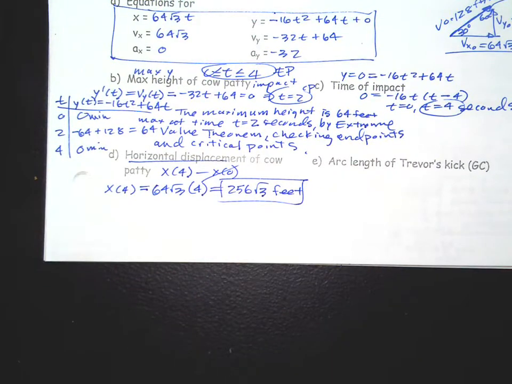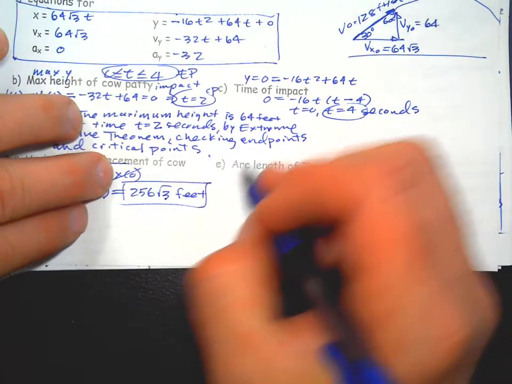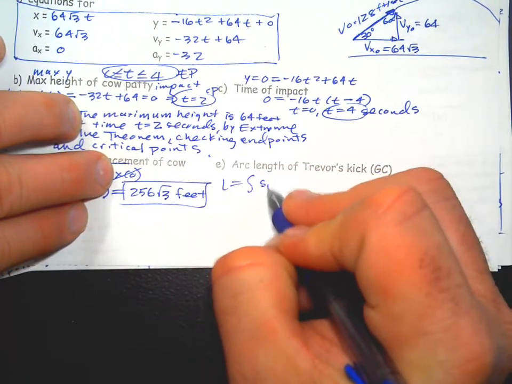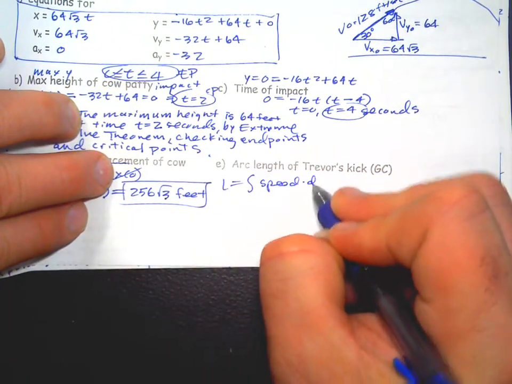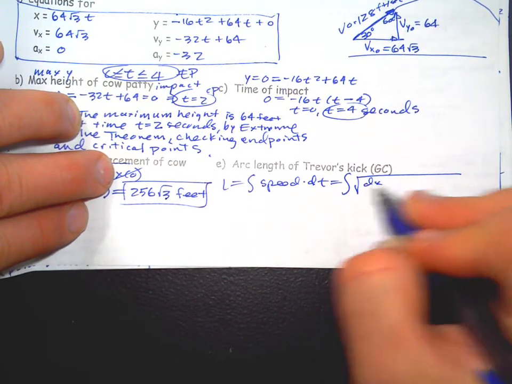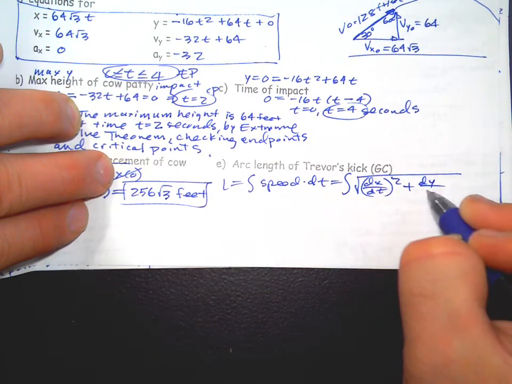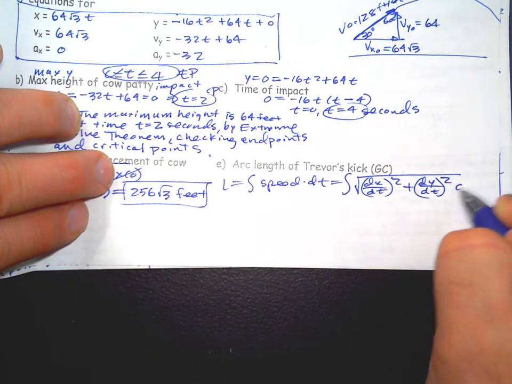Okay. Arc length, that's the actual length of the path. And that's where we do the integral of speed, just like we did last year with one-dimensional motion. But this year it's going to have to be the integral of the square root of dx dt squared plus dy dt squared dt.